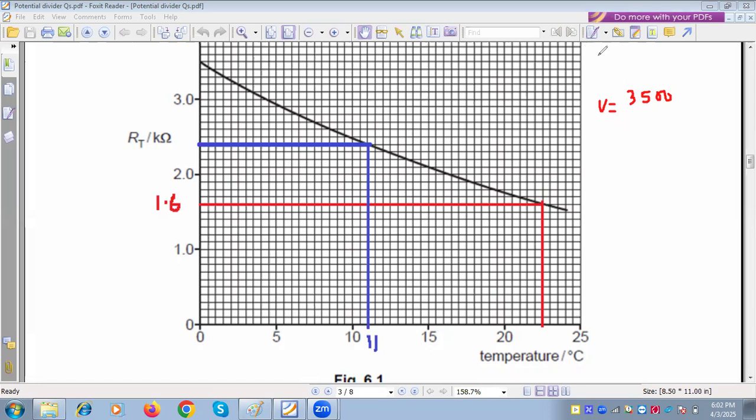First, let me find out the total resistance of the combination. I'm using the famous parallel formula of two resistances in parallel. So R1 into R2 upon R1 plus R2. So 3500 into 1600 over 3500 plus 1600.